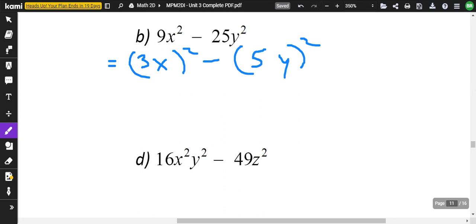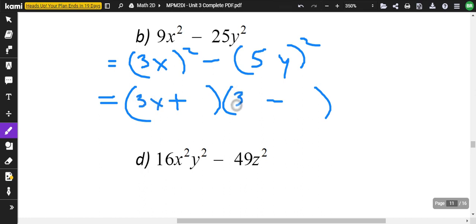So that means the factored form will have a plus and a minus on each side. In the front of each bracket will go 3x. In the back of each bracket, I'm going to put the 5y.